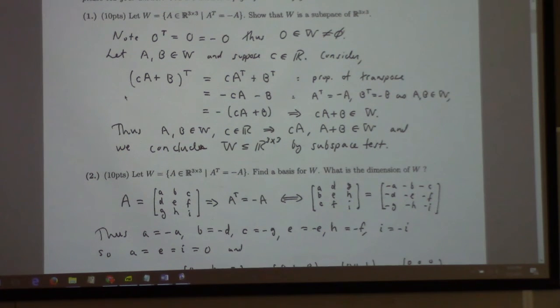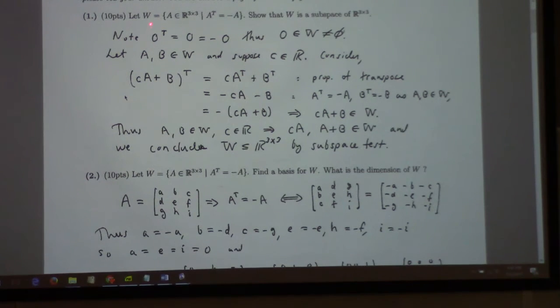Let's see here. So any questions about this one? This is a pretty straight subspace test. The point is you're looking at antisymmetric matrices. So we argue, first of all, it's non-empty. Easiest thing to do is show the zero matrix is in there.